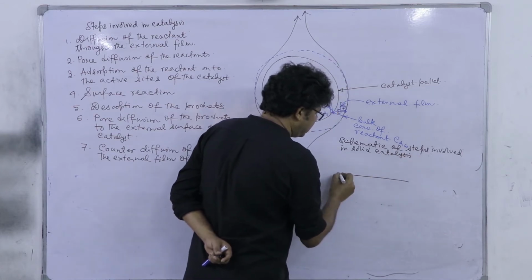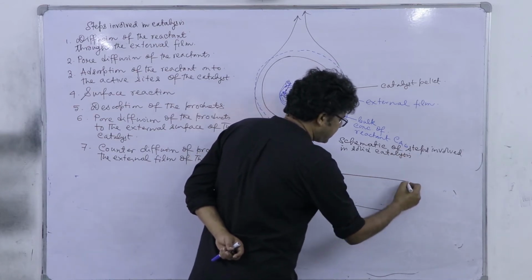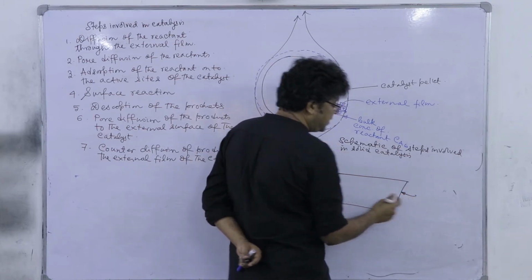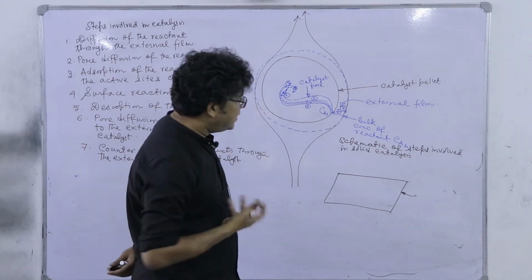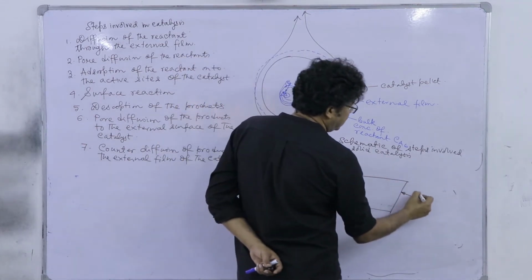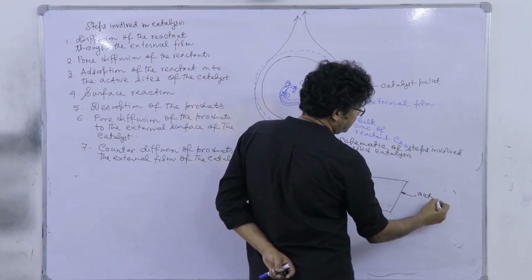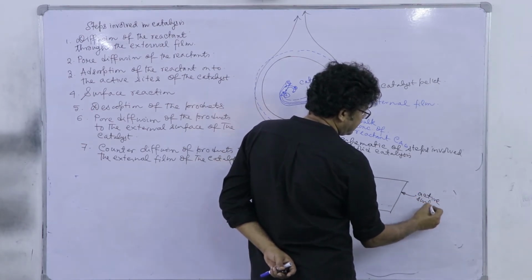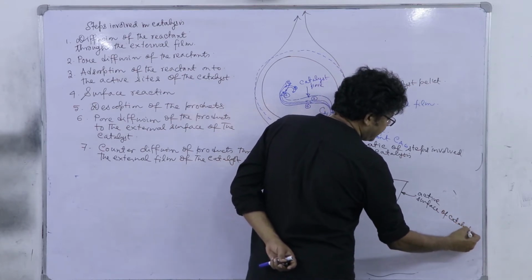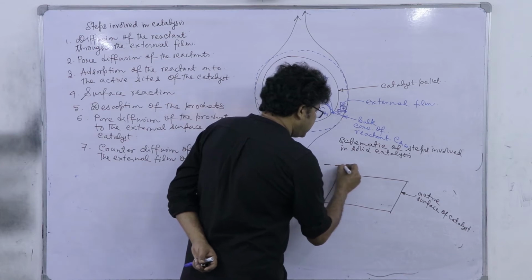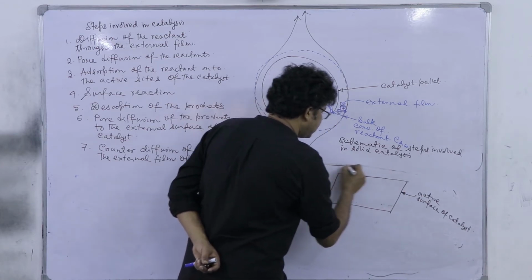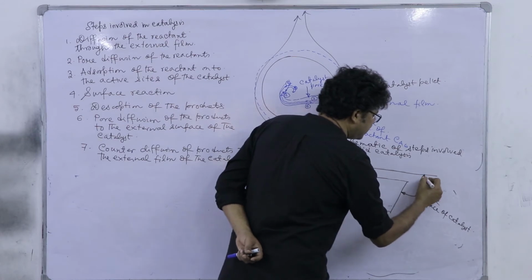This is the surface of the catalyst, not the external surface, this is the active surface, let us say a hypothetical active surface. The active surface will not be a continuous surface, there are active sites. Anyway, let us call it the active surface of the catalyst. And this solid one is the external surface of the catalyst.